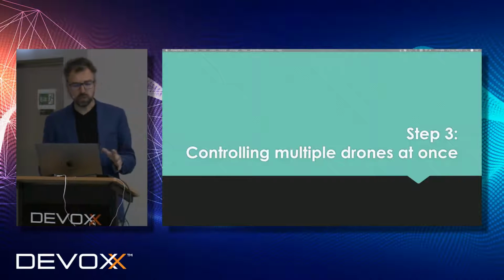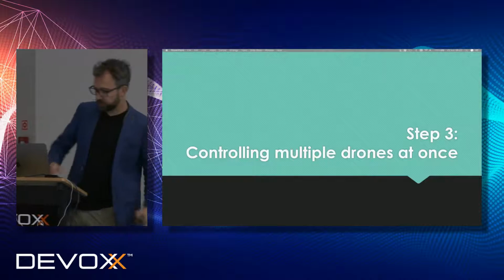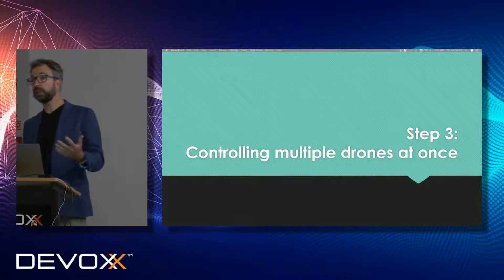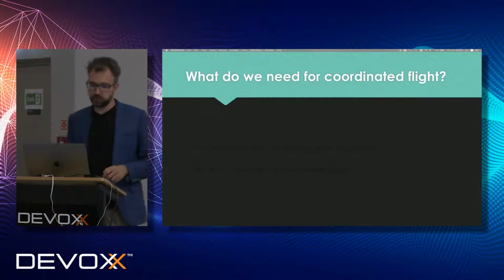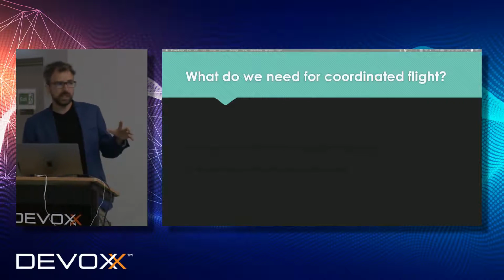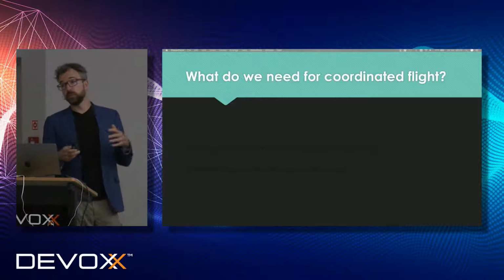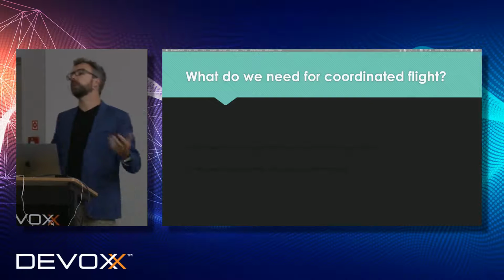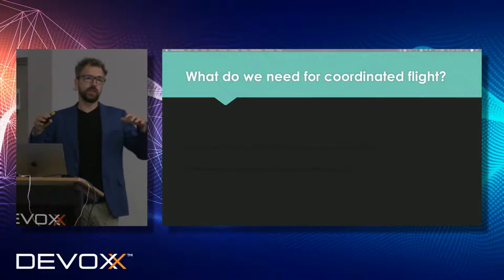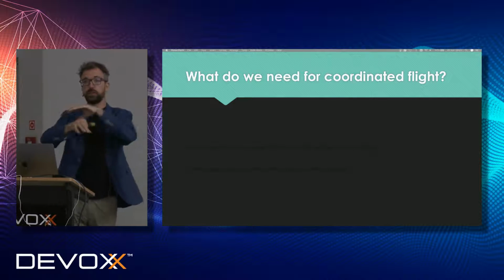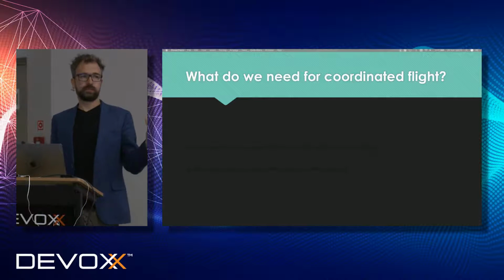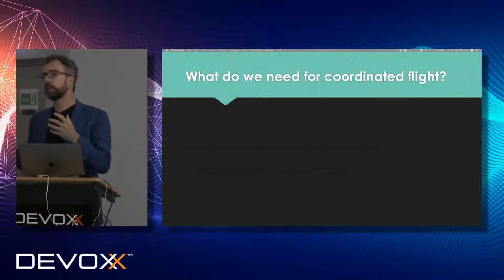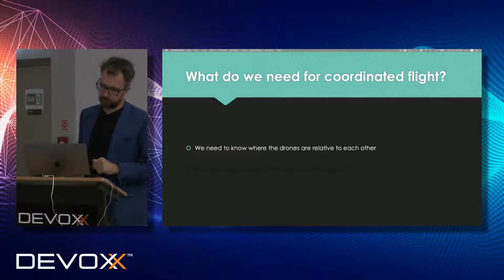Okay, so then let's go to the next part, which is the more exciting part, of course: what you need to do to control multiple drones at once. If you start controlling multiple drones at once, you're talking about coordinated flight. You've got several aircraft in the air, and you want to make them behave in a way that is in communication or in coordination with the other drones.